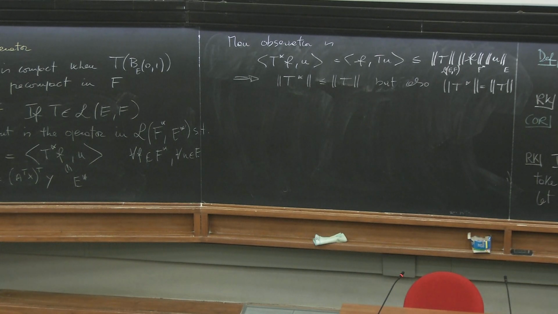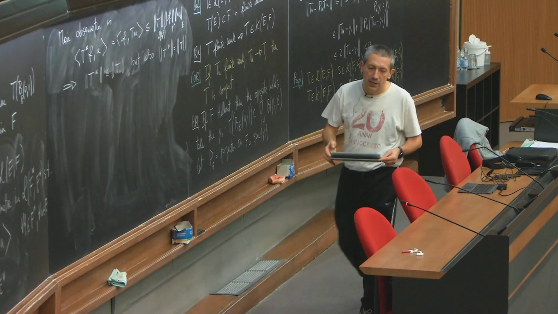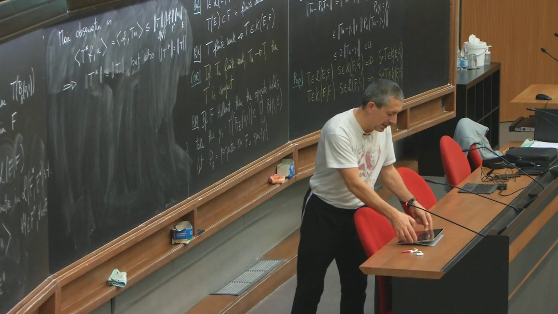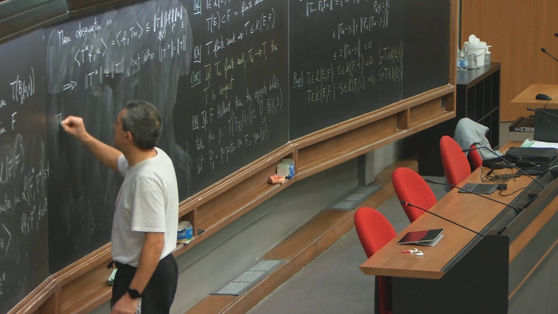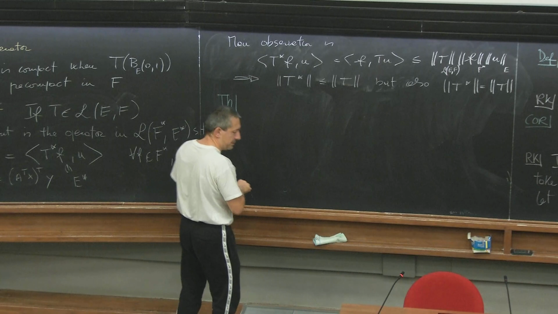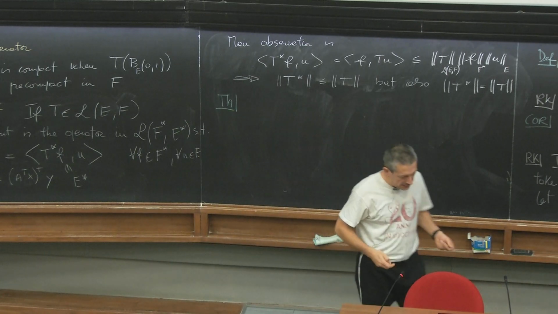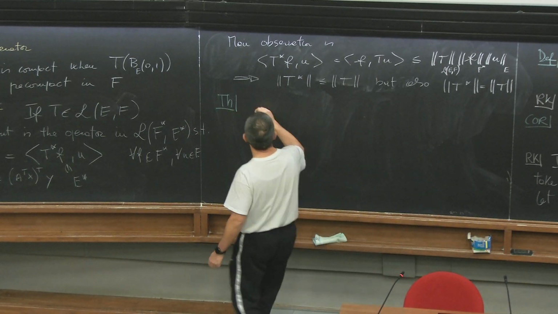Now that we have this definition in hand, we can ask what happens if T is compact. Indeed, the adjoint is compact as well.